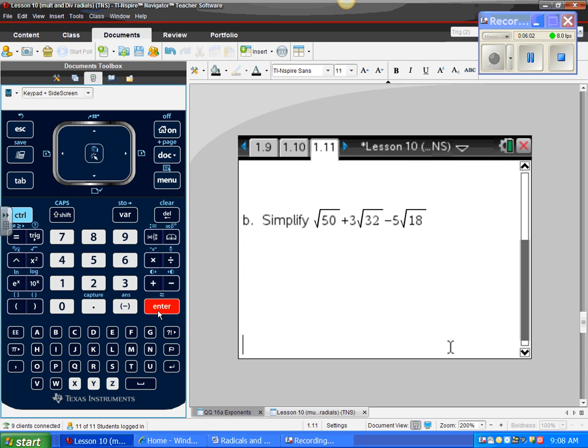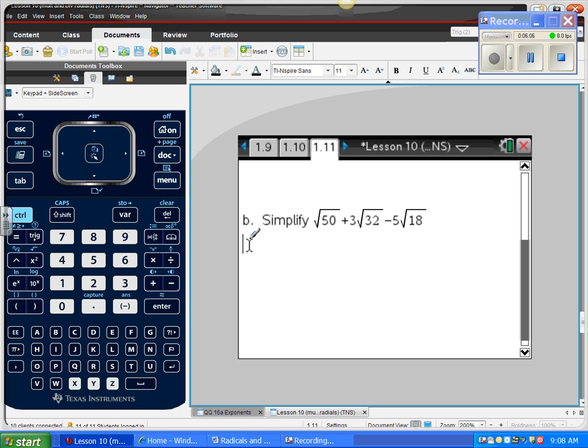Okay. How am I going to break down square root of 50, guys? 25 and 2. Very good. And 32. 16 and 2. And 18. 9 and 2. Awesome. Okay. Square root of 25 is 5, square root of 2. Plus square root of 16 is 4.